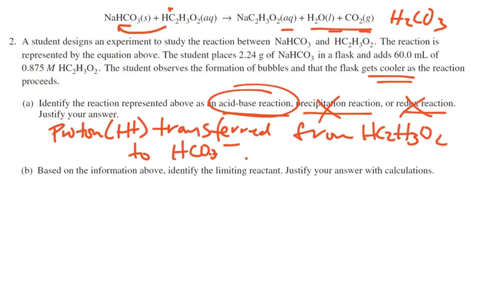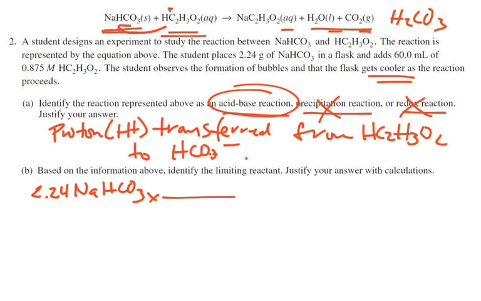Okay, based on the information above, identify the limiting reactant and justify your answer with calculations. So now we're going to go use these numbers. We have two different chemicals here, and we want to see, well, which one is going to run out first. So let's just take the 2.24 grams, and that's the sodium bicarbonate.